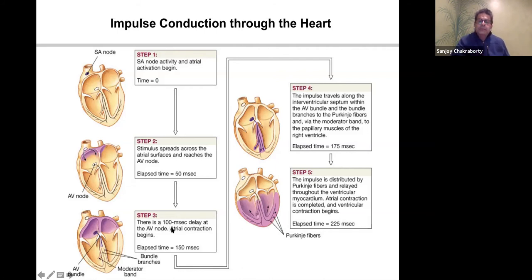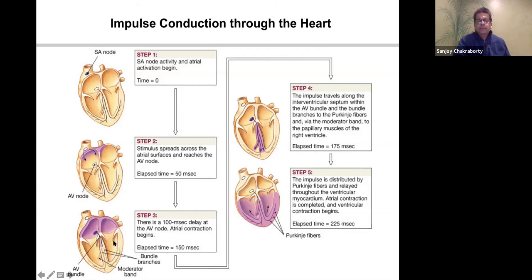And that 100 millisecond delay has a physiological advantage in this case. Why? Because we know the ventricle is a stronger pump than the atria. Remember, right after this, the ventricle will be depolarized, and once the ventricle is depolarized, it is going to contract. When the ventricle contracts, the valves are closed.